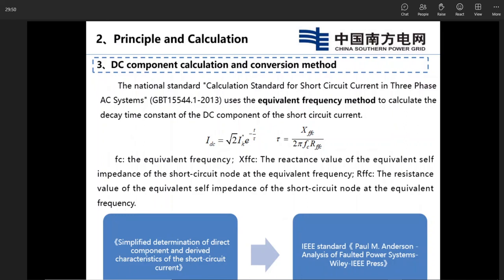It means we change the frequency and we create a new impedance matrix. Then we will know the self-impedance of the fault node. Then we will calculate the decay time constant of the DC component. We just need to change to the equivalent frequency at first.